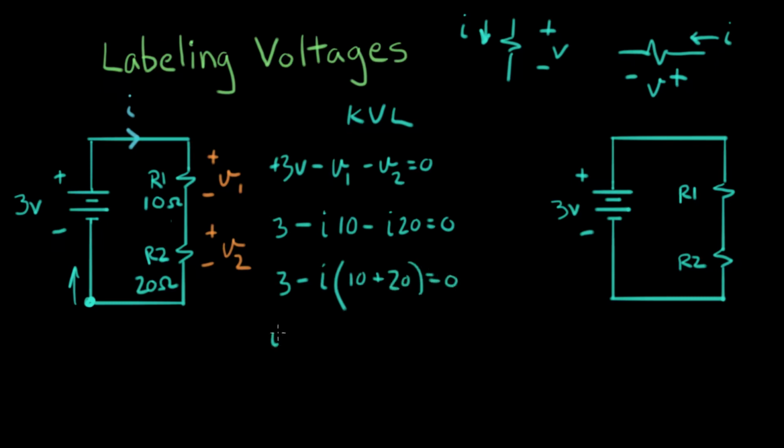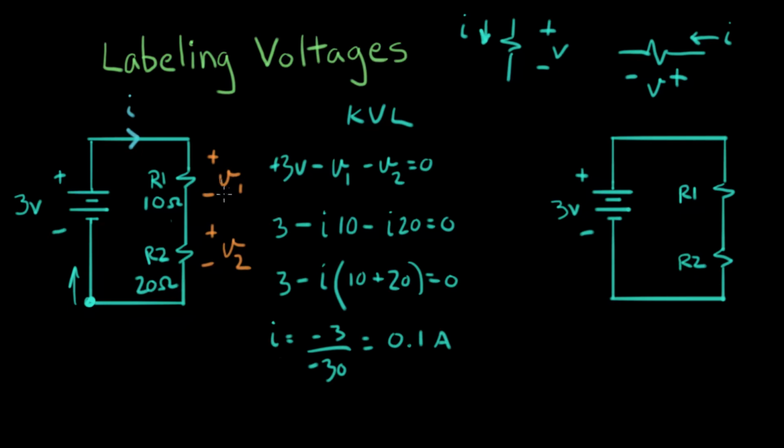And that means that I equals minus 3 over, minus 3 goes to this side, 10 plus 20 is 30, and the minus sign goes with the 30, minus 30. So I equals plus 0.1 amp.